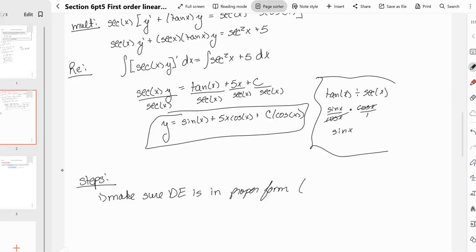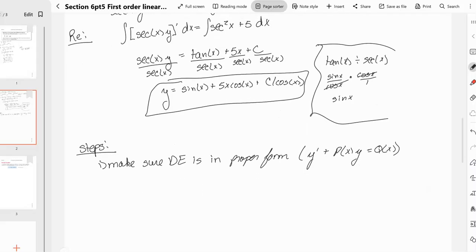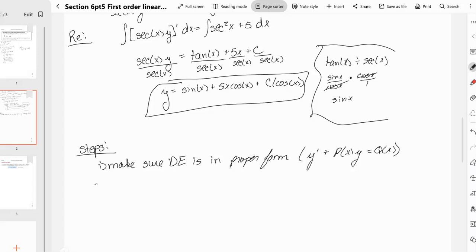We call it standard form, where it's y prime plus p of x y is equal to q of x. It's having a 1 in front of that derivative. The y stuff is on the left-hand side, and all of the x stuff, the remaining things that don't have a y or a y prime attached to it, is on the right. And then your next step is to find the integrating factor.